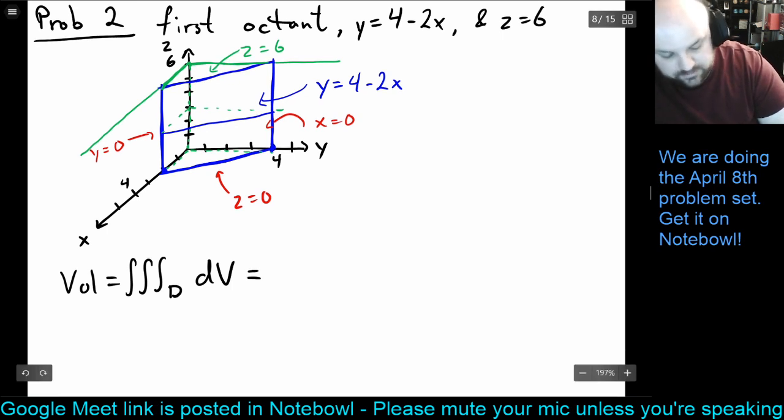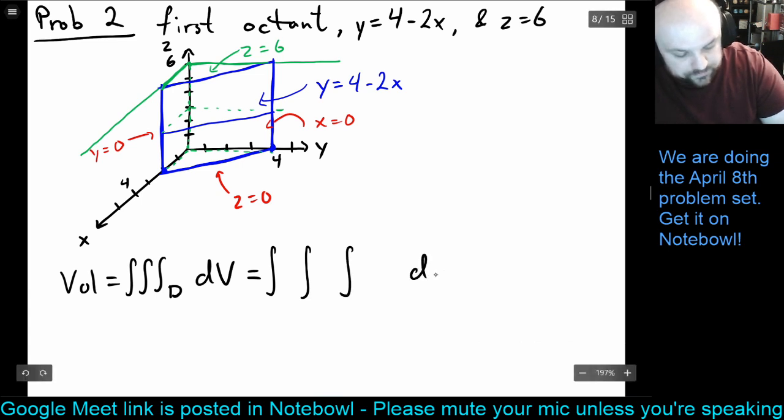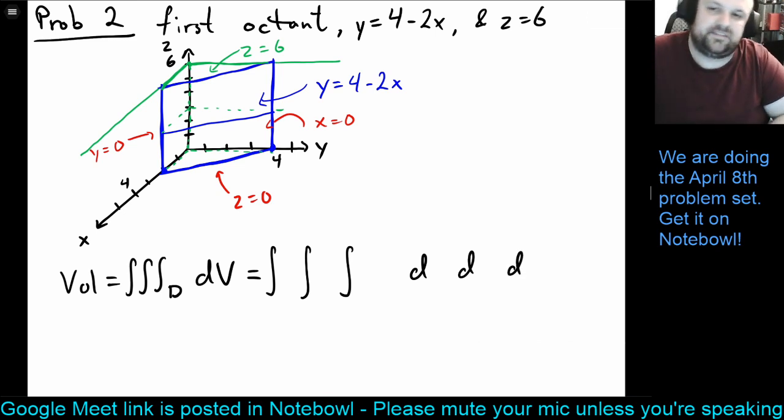Okay, so now let's try and set up some bounds. The order doesn't particularly matter in this problem.